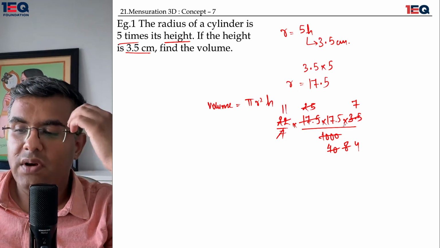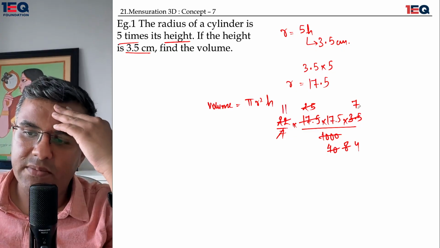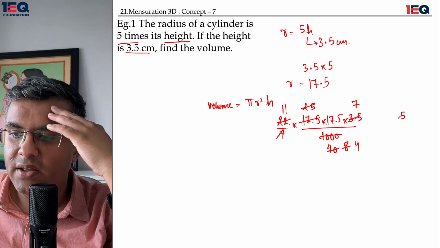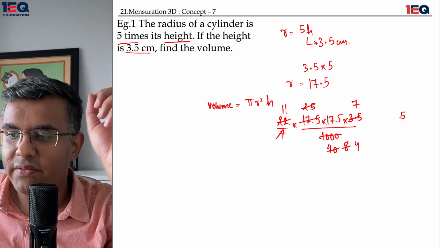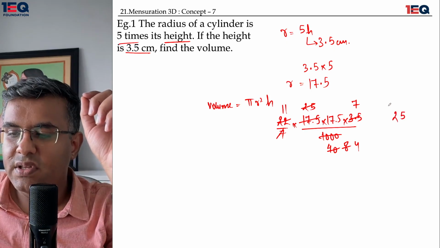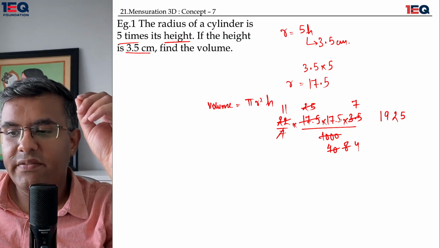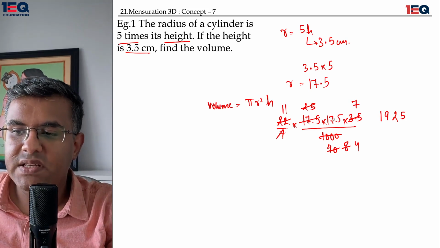Okay, so I have 175 multiplied by 11 multiplied by 7. So I'll quickly first multiply it by 5 by 11. 11 fives are 55, 11 sevens are 77, 82, 11 ones are 11, 19.